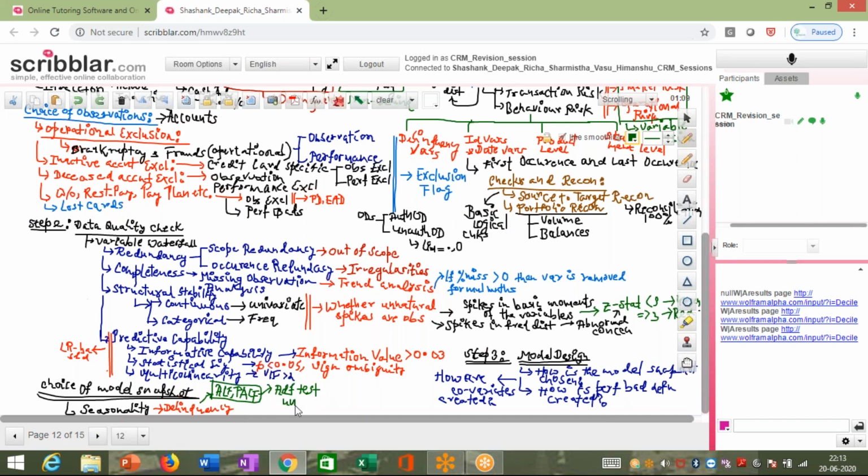So once the seasonality is tested and the snapshots are chosen, generally in this case, the snapshot of the last month of each quarter is chosen and they are appended together to get the whole data set.